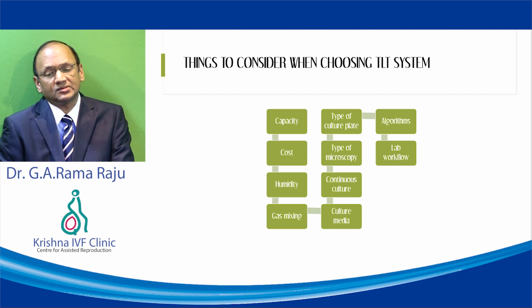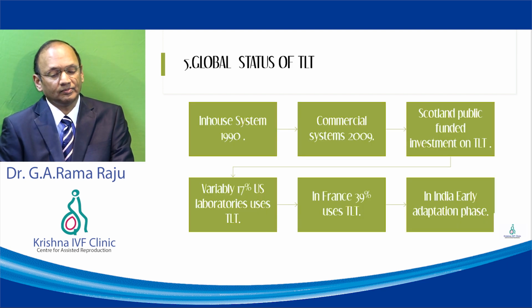Then one should also understand the type of microscope and the type of culture media that is used, because the algorithm is designed for a particular culture media and a particular system. So that may not work with other systems even though the vendor says it works well, it needs fine tuning. And consider how much work you have, because if you promise a patient that you are doing a time-lapse and your incubator is full, you end up with an unsatisfactory patient.